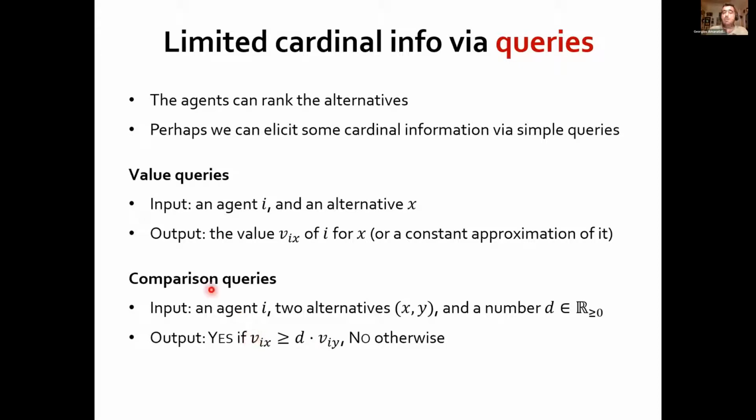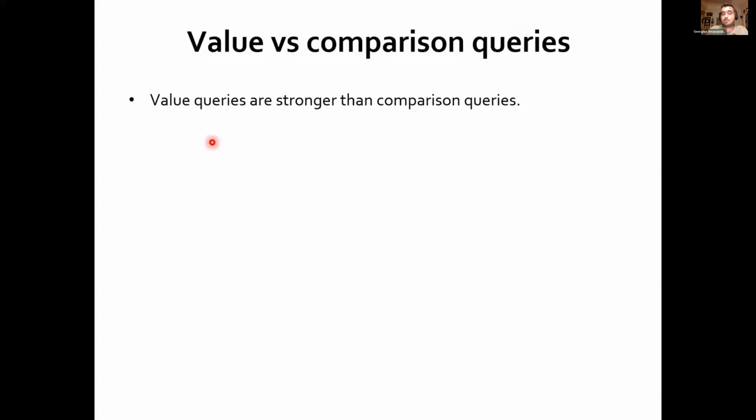Now, if we wanted to simulate a value query using only comparison queries, and we have no normalization on the valuation functions, this is just impossible. Even if we assume unit sum valuations, to simulate one value query we need log or log squared comparison queries. So in a specific sense, these are weaker than value queries.